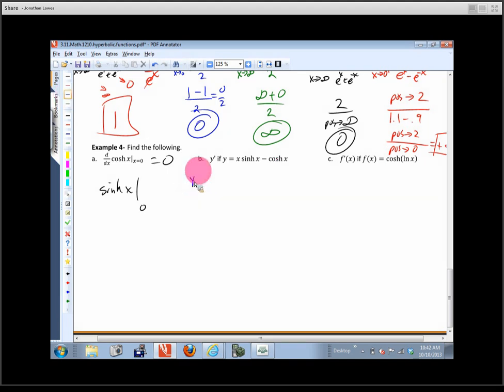So y prime is going to be the first times the derivative of the second, so that's going to be the cosh of x, plus the second times the derivative of the first, so that's going to be the sinh of x times 1, minus the derivative of cosh, which is sinh. And it doesn't ask us to evaluate that or anything, it just asks us to find it, so there it is right there. Okay? Any questions?